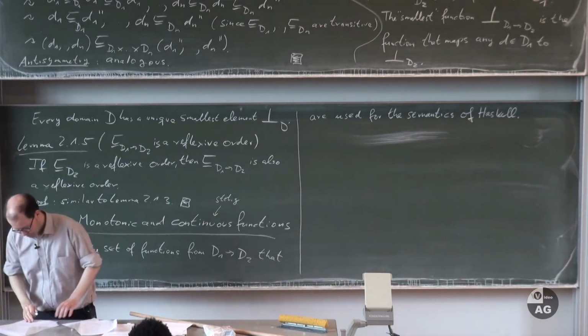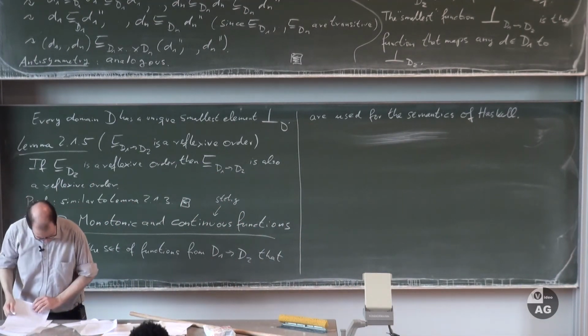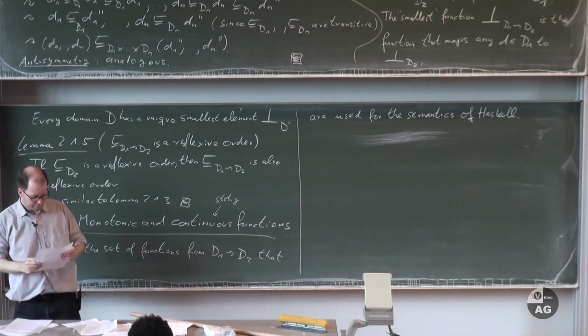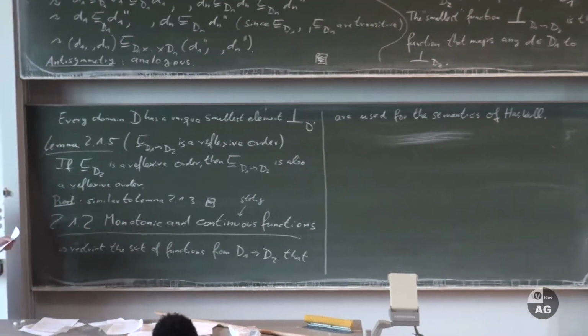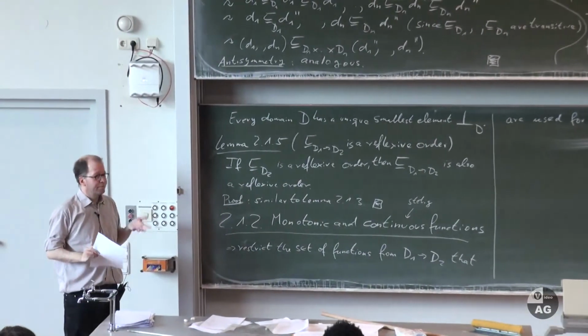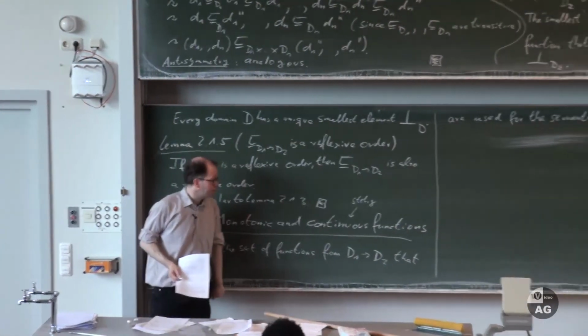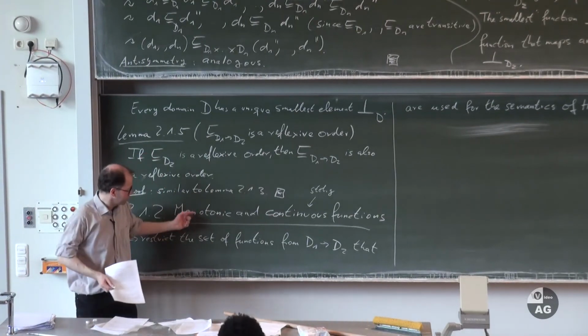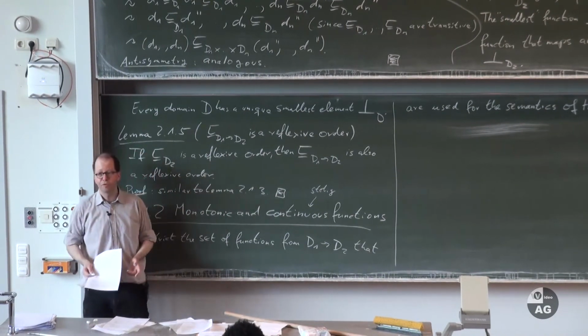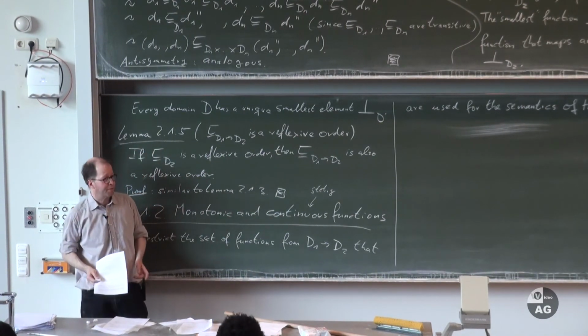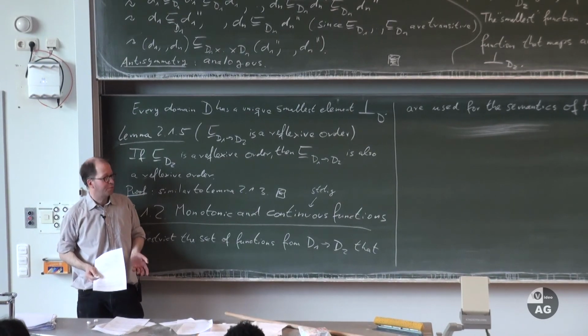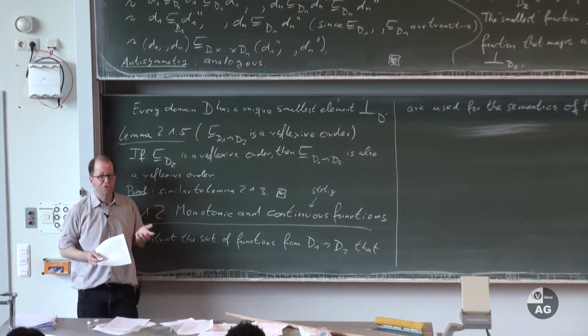And so to do this, let's introduce some properties of functions, and well, monotonicity and continuity will be properties of functions, but before we introduce them, let's introduce a simpler property, namely the property of strictness.